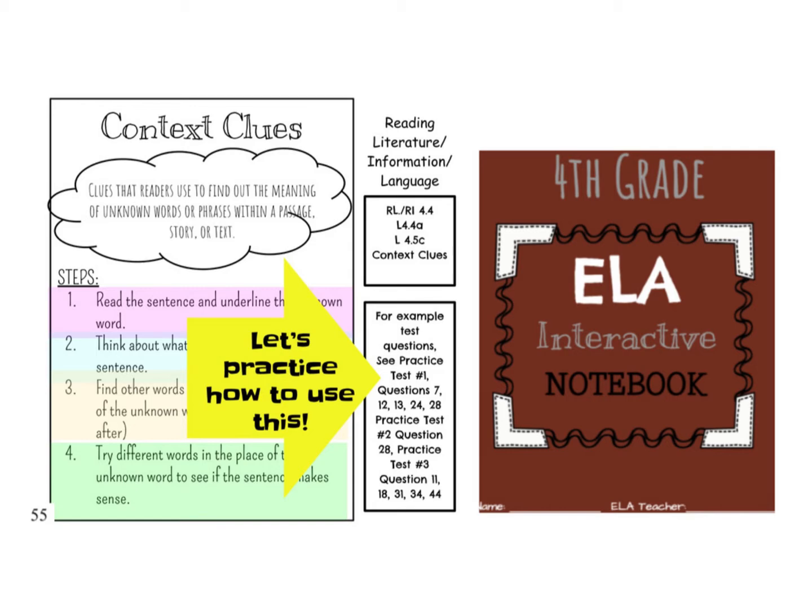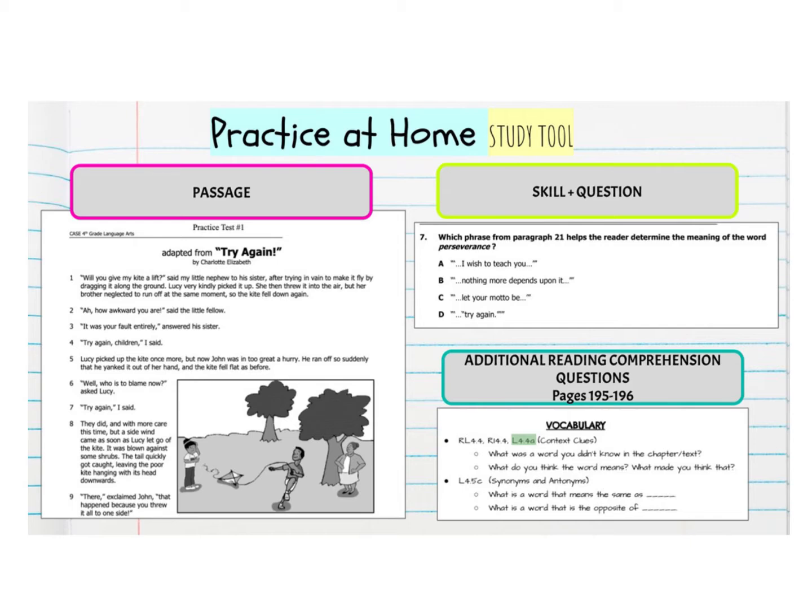So using that tab, I'm noticing practice test number 1. Let's look at it together. At the very top of this page in your interactive notebook, you can see where it says the words practice test 1.